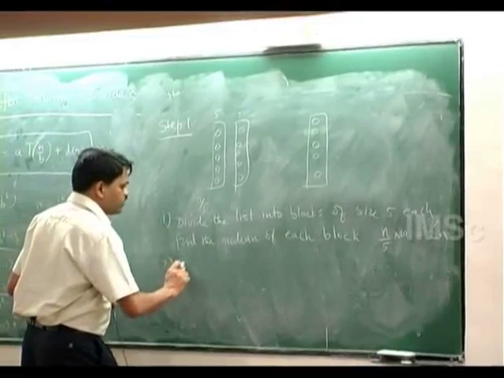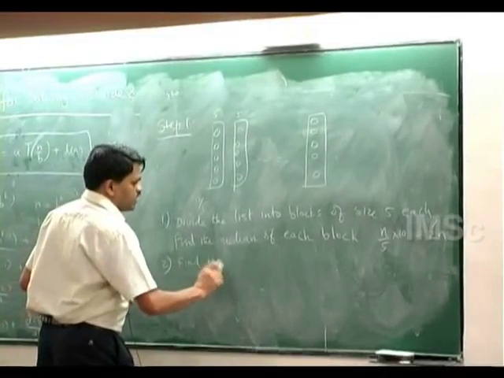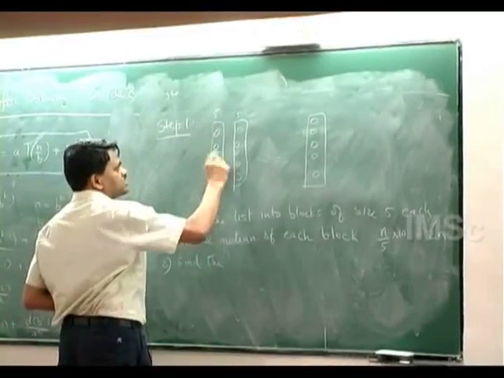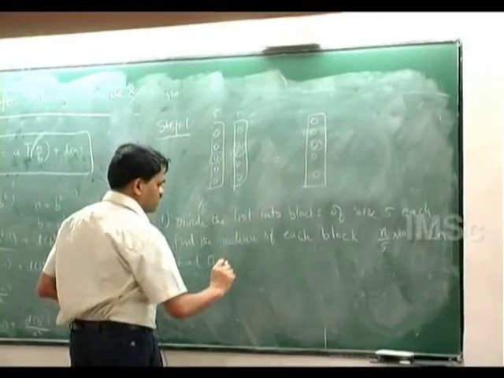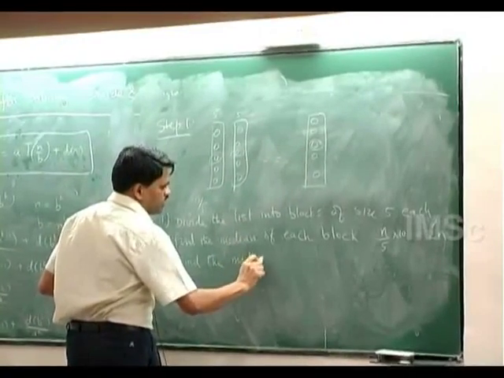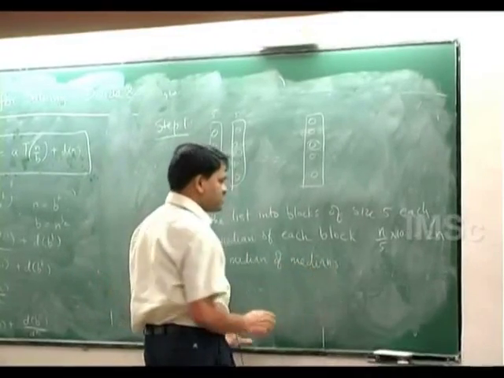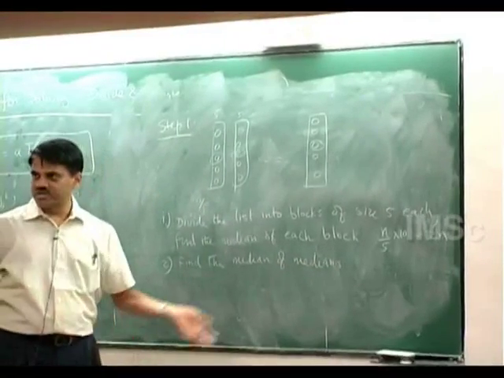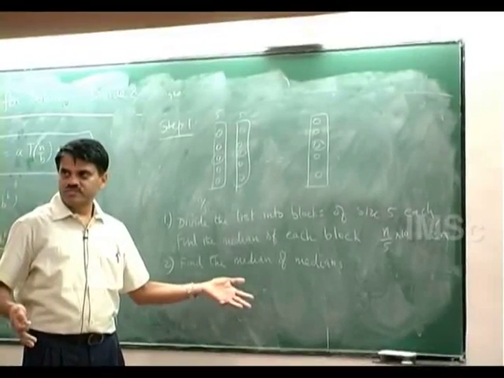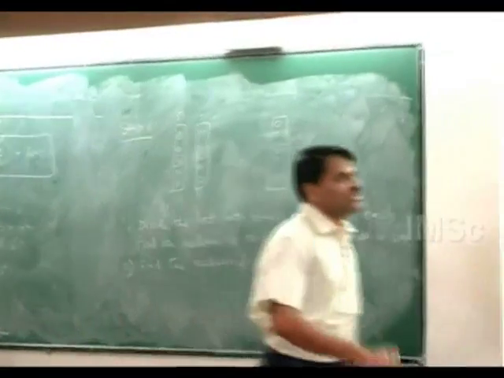Next step, find the median of medians. So I have done these comparisons and I got these medians. How do I find this? This is too many elements, n by 5 elements. How do I find the median of medians? Well, I am allowed this leeway, right?